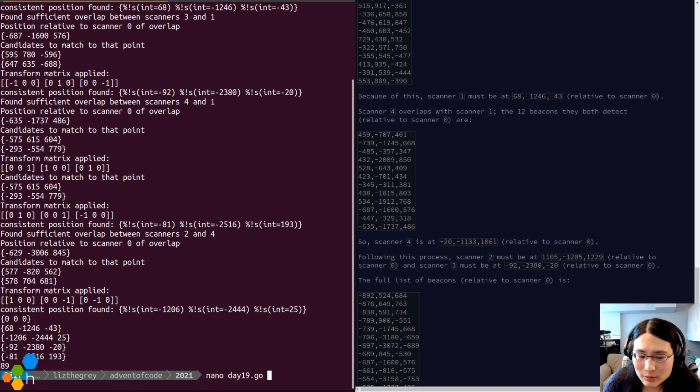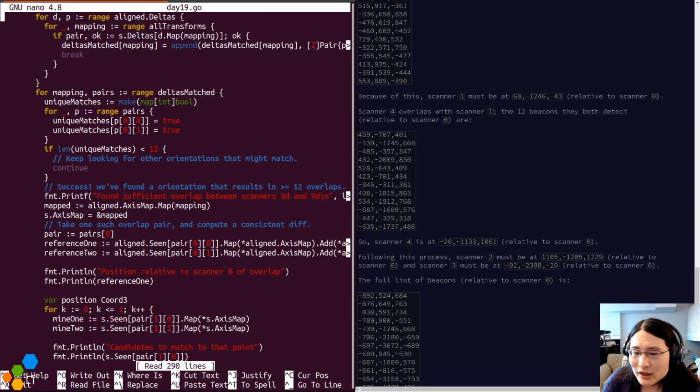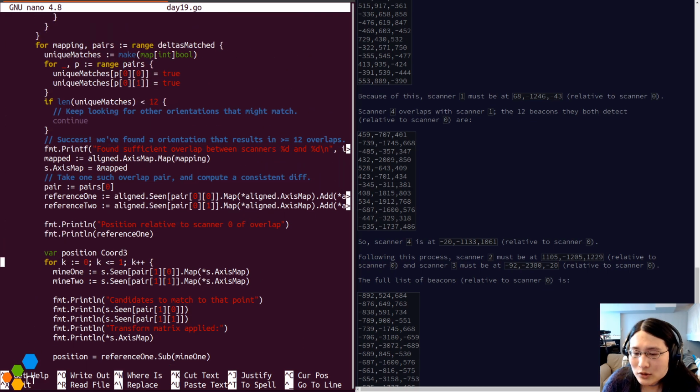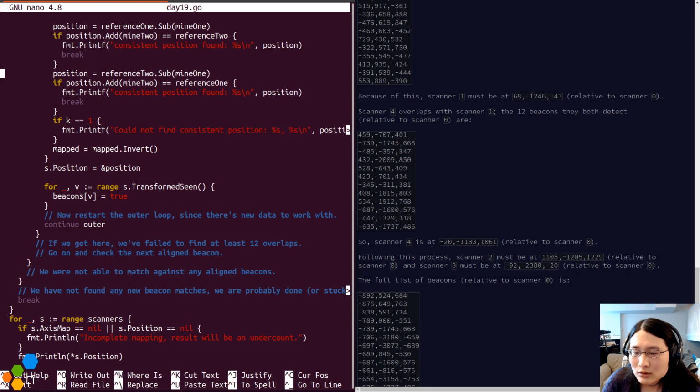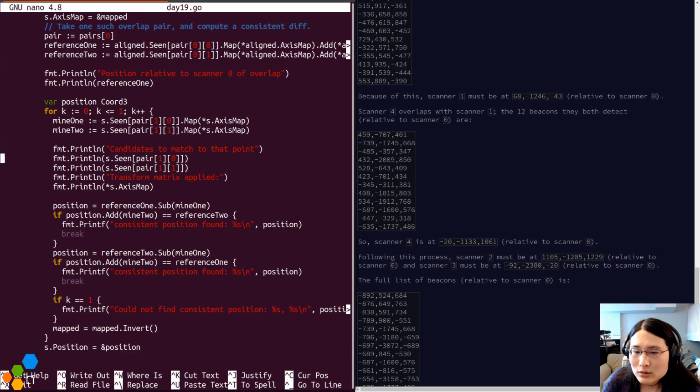Oh, I see the problem. So the position is correct, but we haven't updated the axis map, I don't think. But we did update the axis map. It's right here. And we even printed it out.